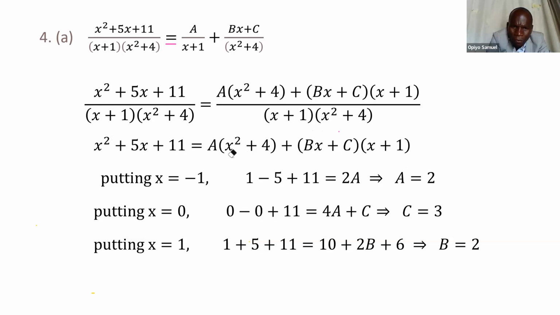We are putting -1. -1 squared is 1. Sorry, this should not be 2a. This should be 5a. This was a typing error. I correct it. It's 5a.